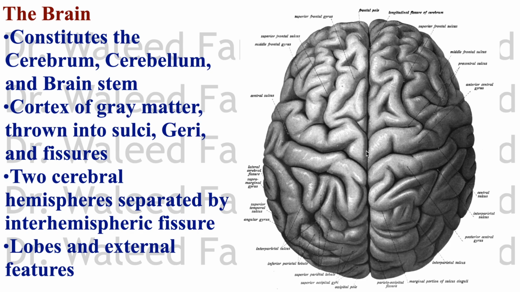There are two cerebral hemispheres separated by the interhemispheric fissure, the one you see here, and this fissure has the falx cerebri in it, and the fissure of the cerebellum has the falx cerebelli.